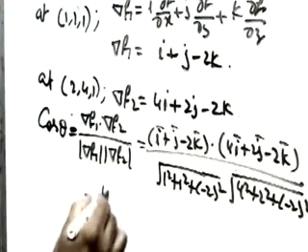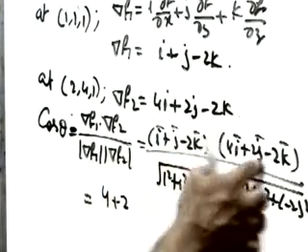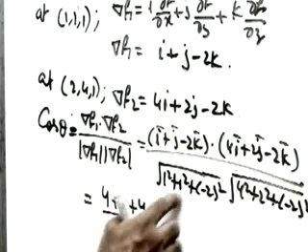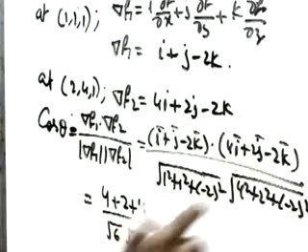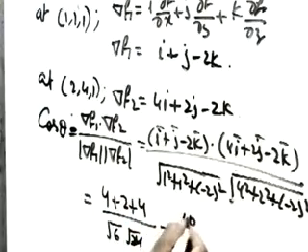What is the dot product? Multiplying coefficients. 1 fours are 4, the i coefficients, then j, 1 twos are 2, plus 2, minus into minus plus, 2 twos are 4, divided by under root of 4, 5, 6, under root of 16 plus 4 is 20, plus 4 is 24. So 4 plus 4 is 8, 8 plus 2 is 10.